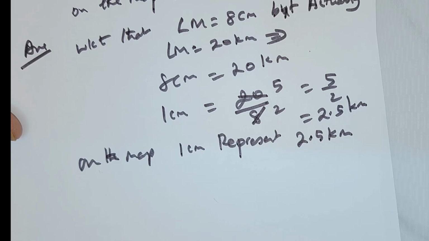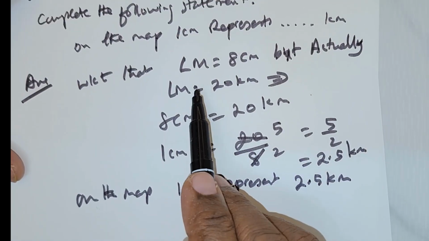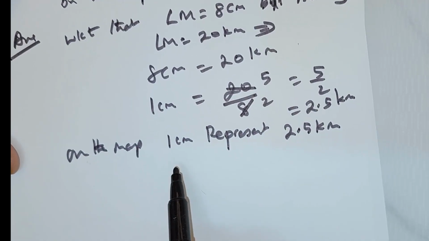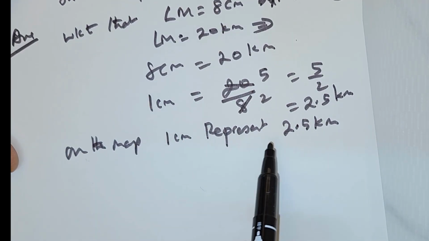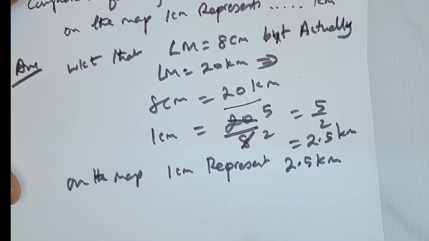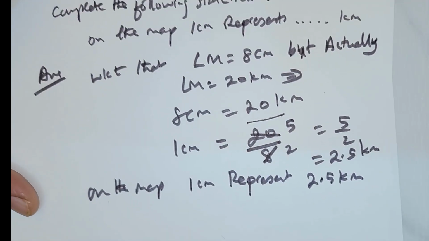Okay, so 8 cm is the distance of LM. So 1 cm is 2.5. So if we were to multiply 8 with 2.5, we would get 20 km. So the distance between L and M would be 20 km.